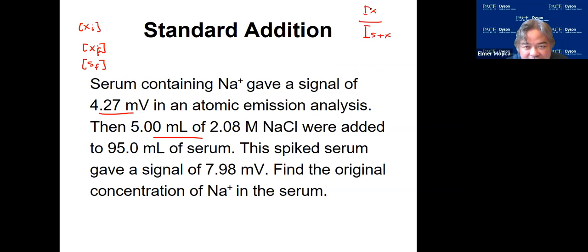What's the value of IX we have here? Anyone? The original sample would have what value? 4.27 millivolts. And then when you added the standard, it becomes 7.98. Now the question: does this value make sense?